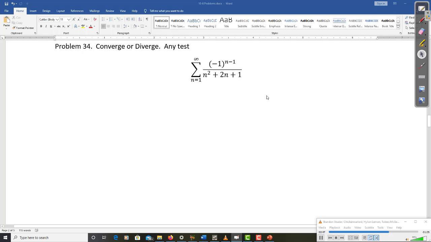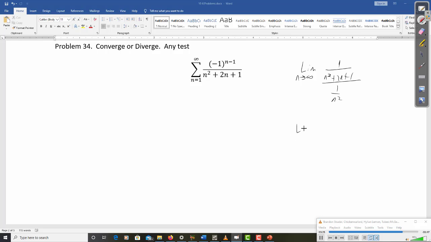Alright, this one is still alternating. If we just looked at 1 over n squared plus 2n plus 1, ignoring the negative 1, I'm pretty sure this is convergent, because this would be equivalent to, say, a p-series of 1 over n squared.